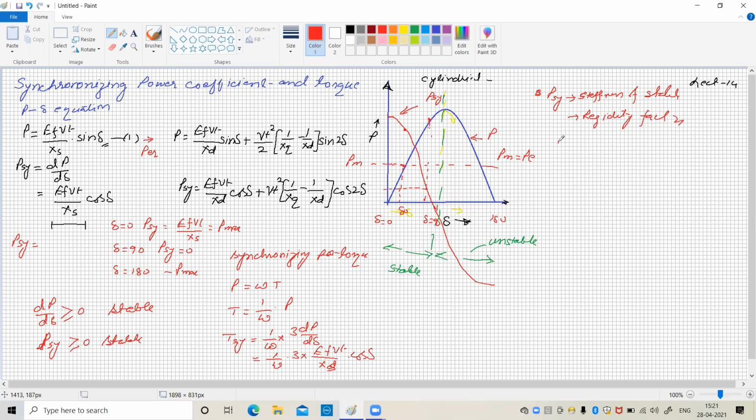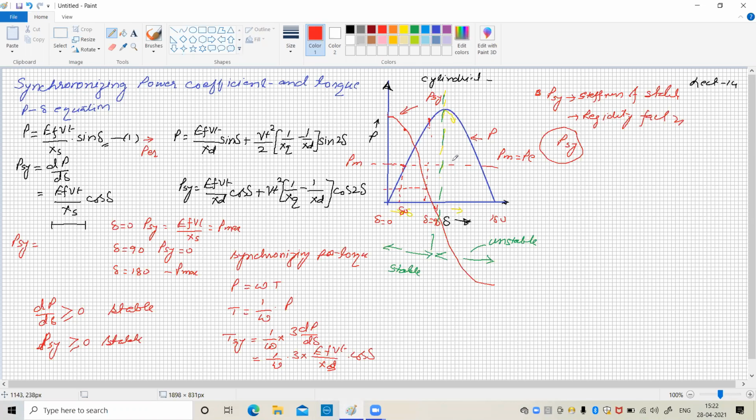The more the value of the synchronizing power coefficient, the more stable the system is, or it has the capability to bring the system again into synchronism after any disturbance in the system. So whenever the system has some transient or disturbance, the synchronizing power coefficient brings the synchronous alternator into synchronism, or into the stable region or new equilibrium position. Therefore it is called a stiffness factor or rigidity factor.